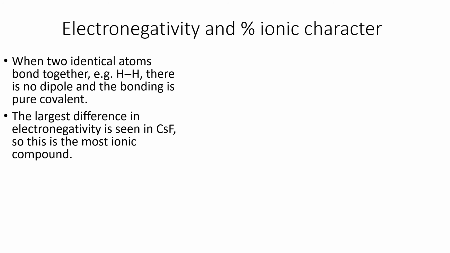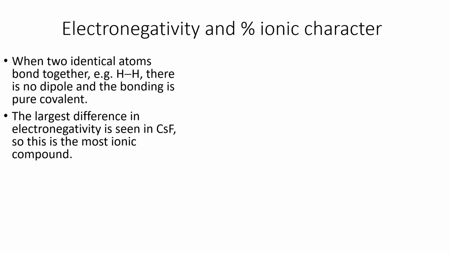So you might ask yourself, what would be the best possible example of an ionic compound using this idea of difference in electronegativity? It should really be between the most electropositive element and the most electronegative element, and that will give you the best electron transfer between the two.